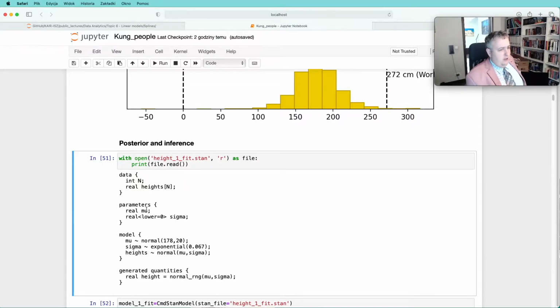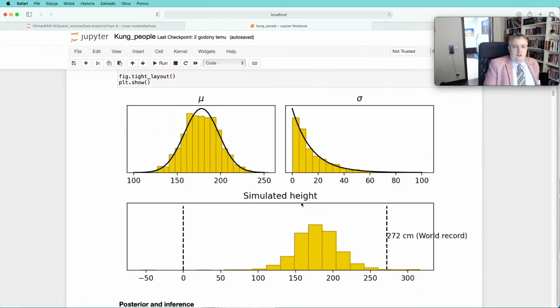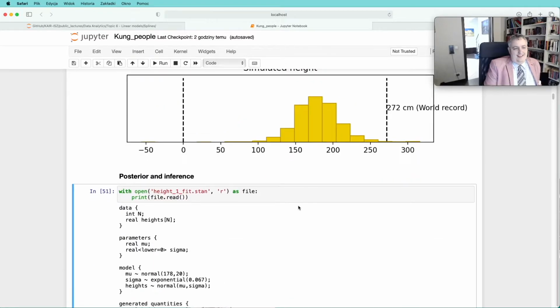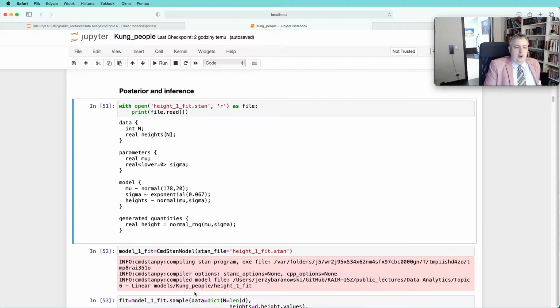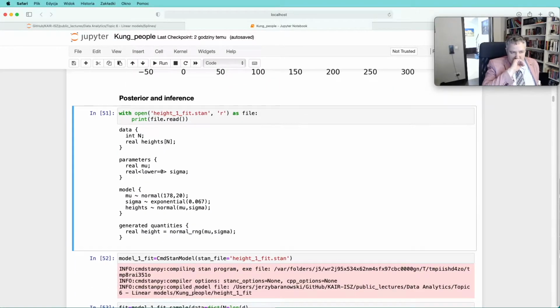Our model parameters will be mu and sigma, because they will determine the relationship between heights and the measurement process. So we keep the priors, because in our previous observation the priors are relatively reasonable, and we estimate parameters mu and sigma, because heights are distributed as a normal distribution with mu and sigma. And for each of those we will generate a sample of height. So we'll get the distribution.